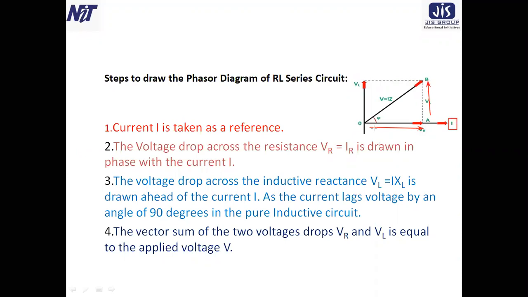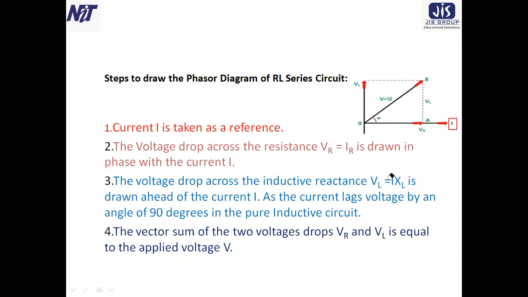Now, so what will be V? The vector sum of these two voltage drops VR and VL is equal to the applied voltage. This is the applied voltage V. Fine. So in this way, we can find the value of the total voltage of the circuit.